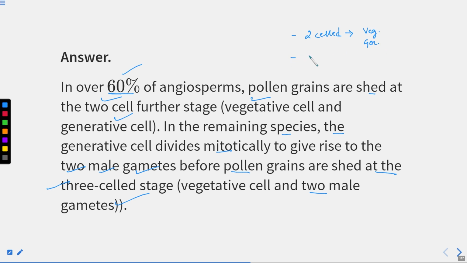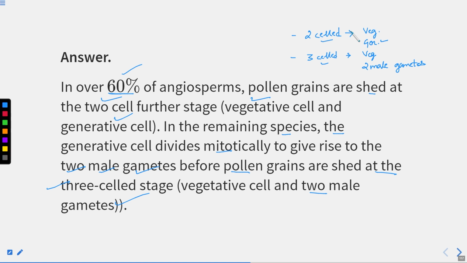If they are shed at the 3-cell stage, what are the 3 cells here? One is the vegetative cell and the generative cell, which divides to form 2 male gametes. So these are the 3 cells.